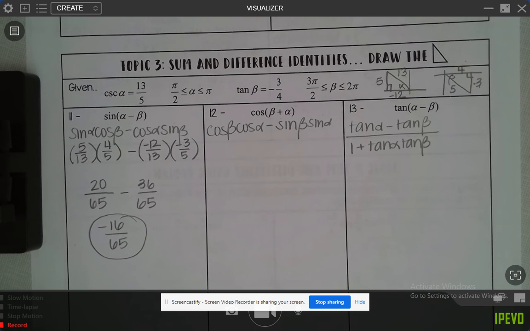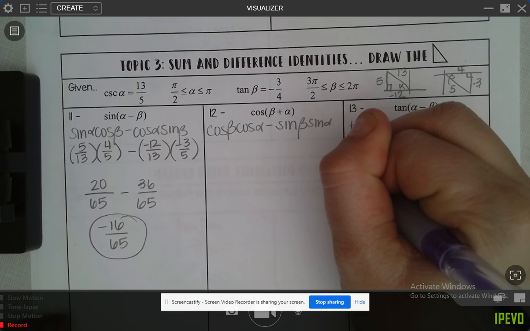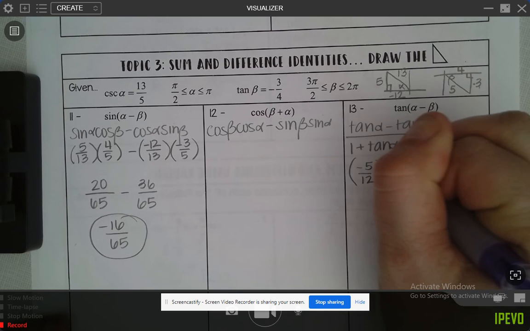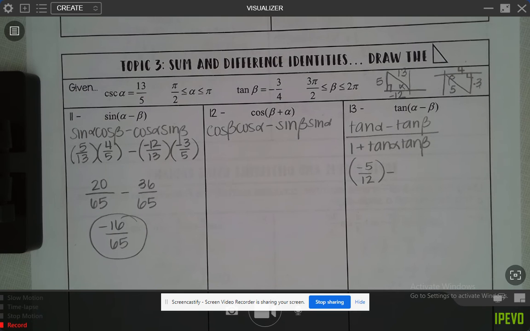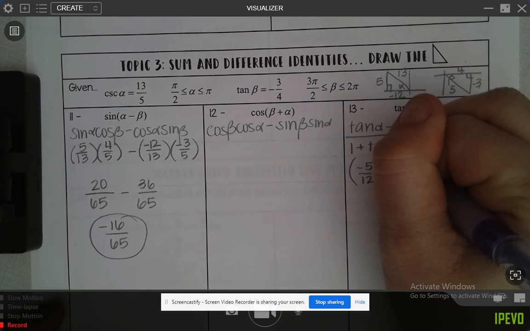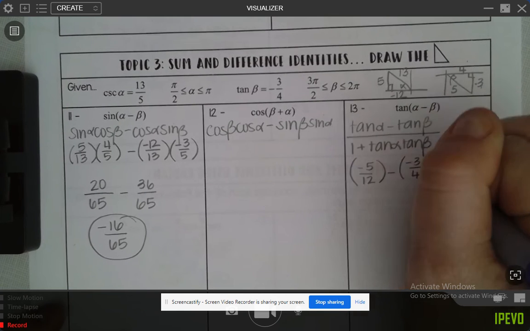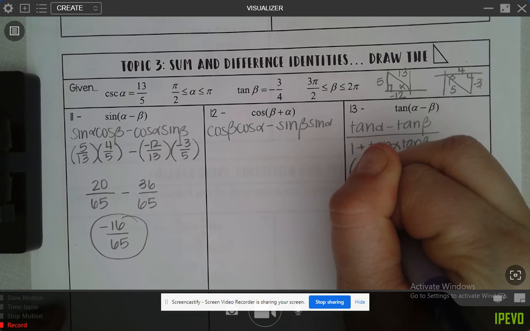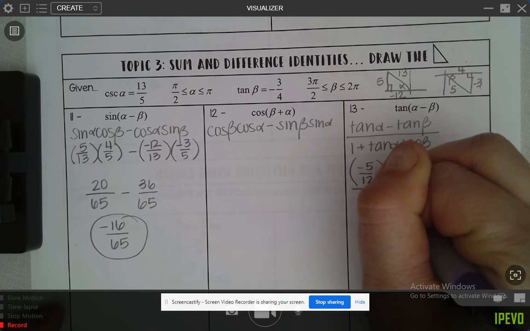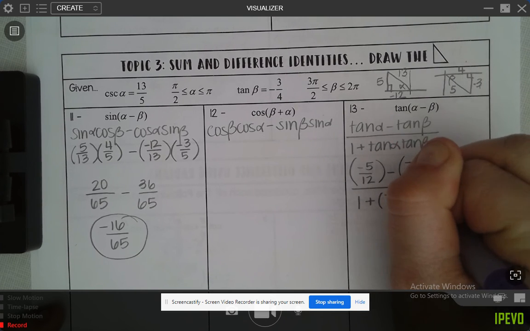What is the tangent of alpha? It's negative 5/12. Minus. What is the tangent of beta? Yep, negative 3/4. Divided by 1 plus negative 5/12 times negative 3/4.